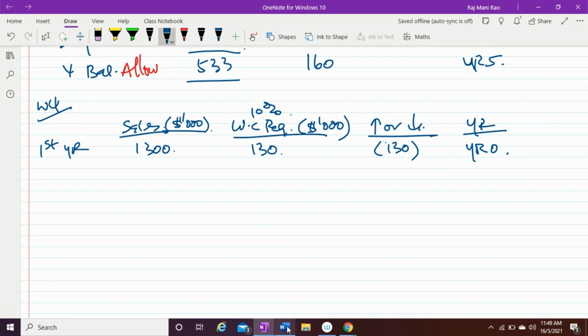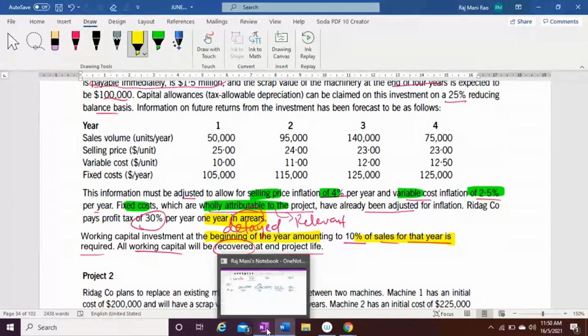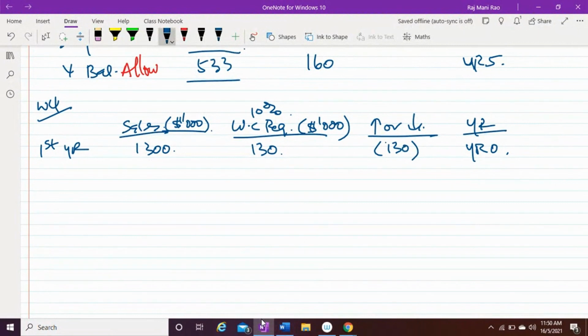Read the question carefully. It says working capital investment at the beginning of the year, amounting to 10% of sales for that year is required. So your sales for the first year is 1.3 million. So you need 130. So the beginning of the first year is year 0.